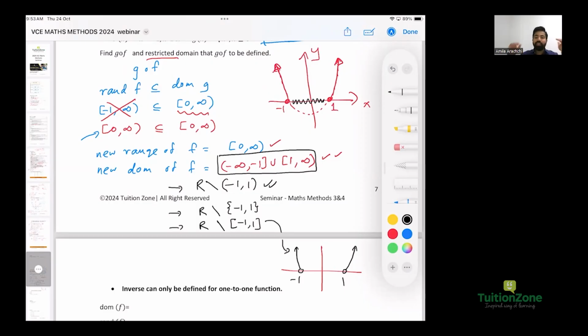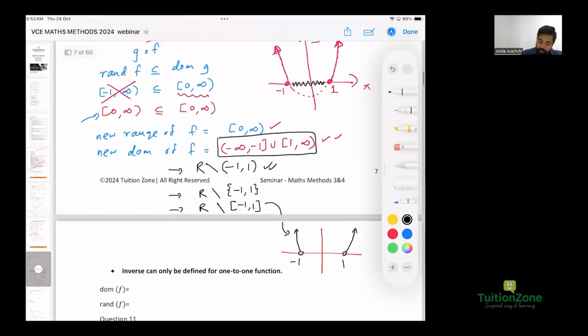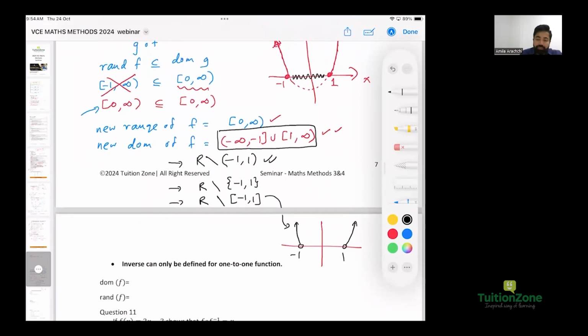So we should exclude everything within as well as the -1 and the 1. Okay, so that's good to understand different ways of writing it. And I'll draw maybe a graph for this one as well, just for the understanding. So this one looks like you end up getting something like this.